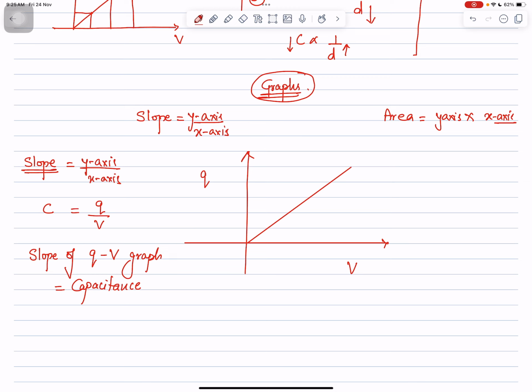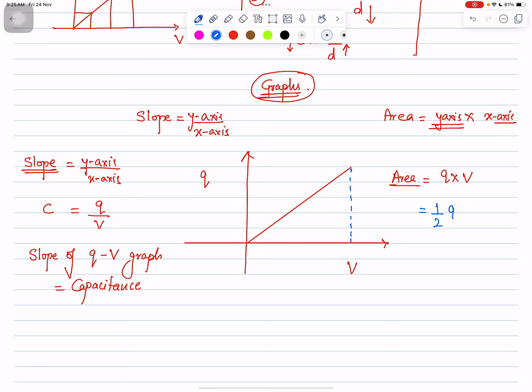Okay. And the second thing, now if we multiply, just find the area. Area is y-axis multiplied by x-axis. So can I say Q multiplied by V? But if you are making an area, let's say I'll draw something here, it behaves like a triangle. So what should be the area?